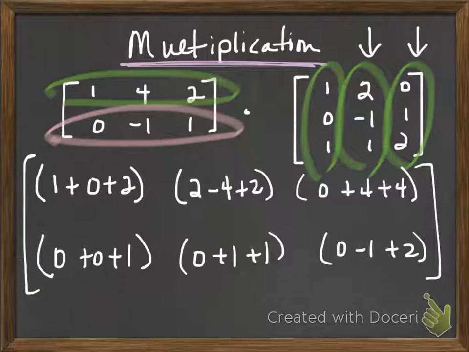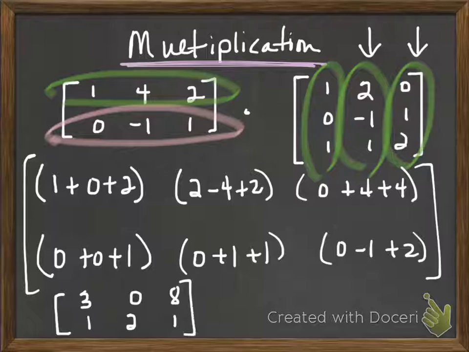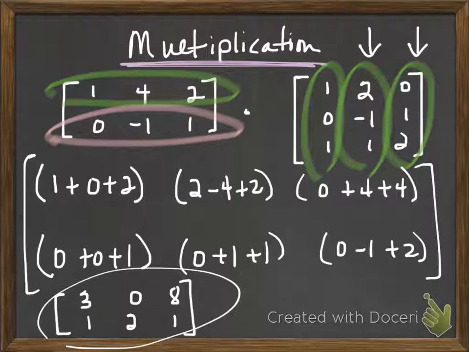And then you would simplify all those parentheses, and you would get 3, 0, 8, 1, 2, and 1. When you're multiplying, you may want to look at your dimensions. So the first matrix is a 2 by 3. The second matrix is a 3 by 3.